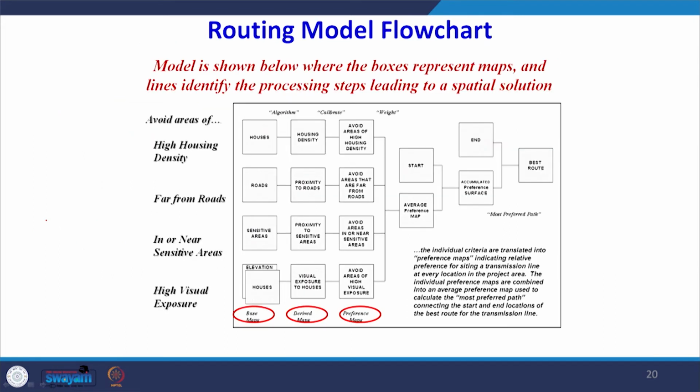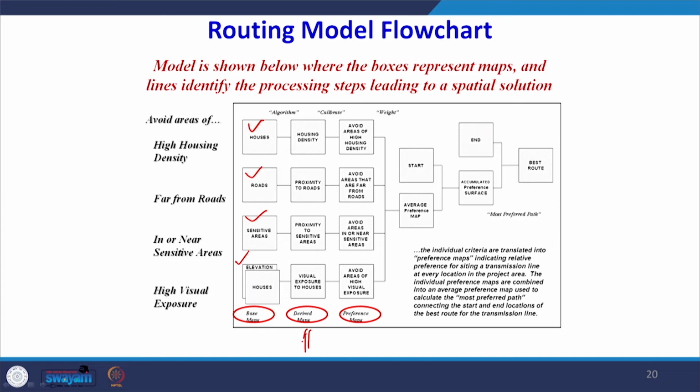So, this is a routing model flow chart for alignment of a new transmission line. So, when we look at this model flow chart, we have certain input parameters, and those input parameters are houses, location of the houses in the area, then the road, then which are the sensitive areas, like the forest areas could be the sensitive area, then the elevation zones. So, we have actually the input data, and from the input data the second layer here is the derived maps.